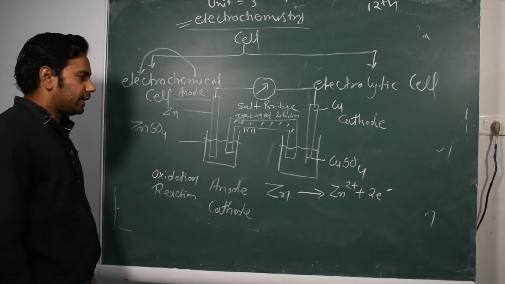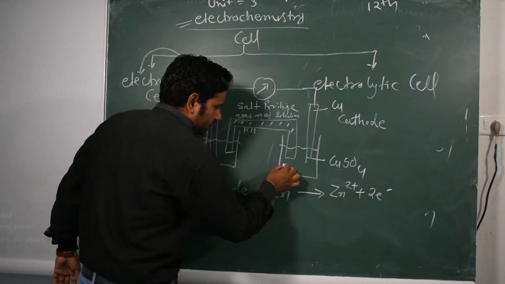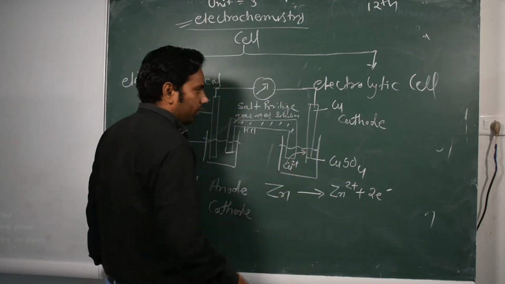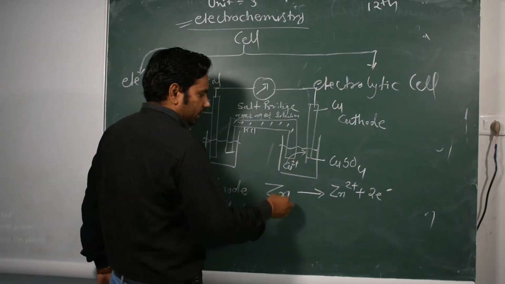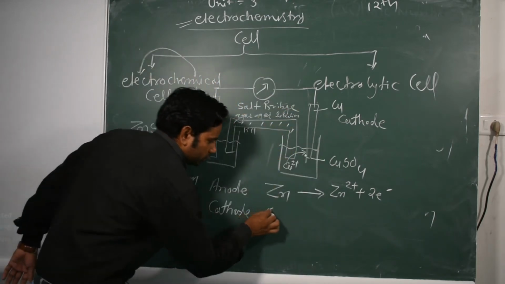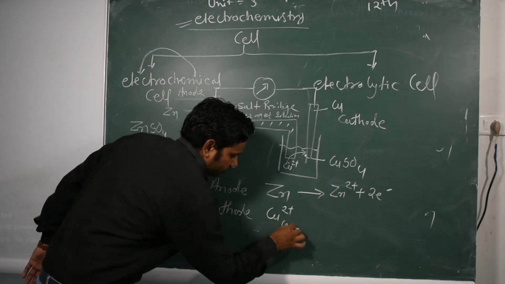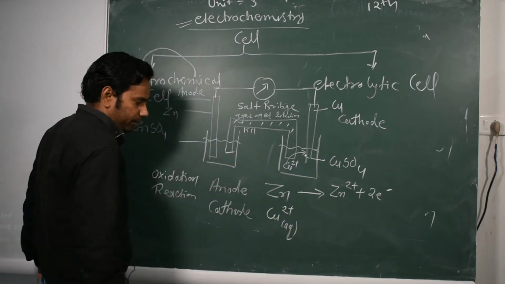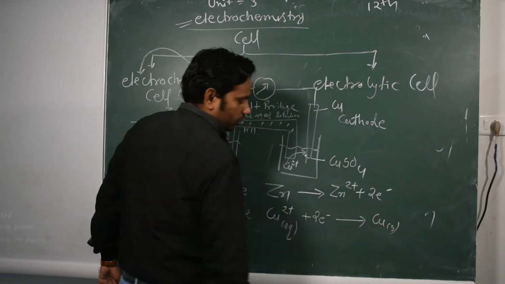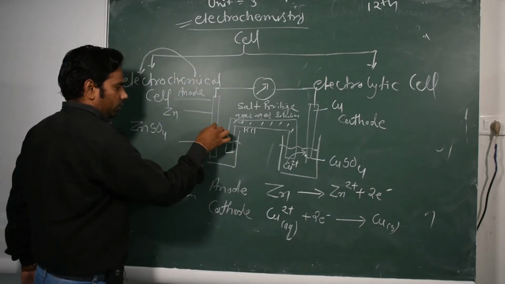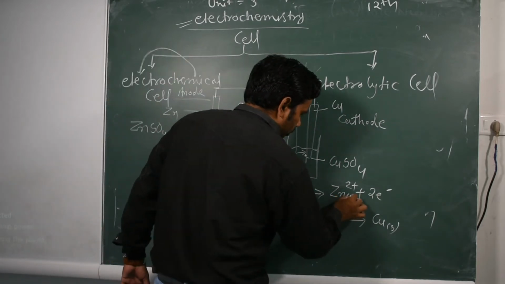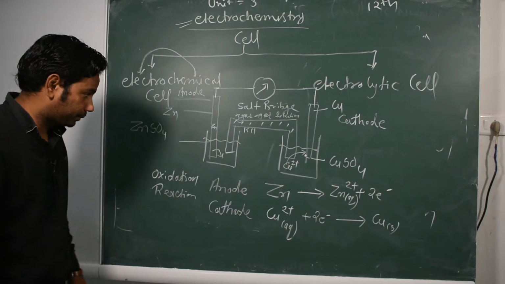Next is the cathode, which is copper. Here the Cu2 plus ions present in the aqueous solution go to the electrode, accept 2 electrons, convert into solid Cu and deposit on the electrode. The zinc electrode dissolves in the zinc solution.